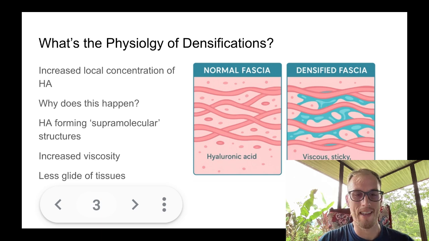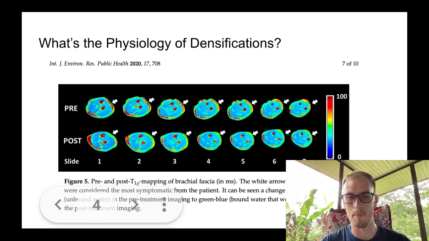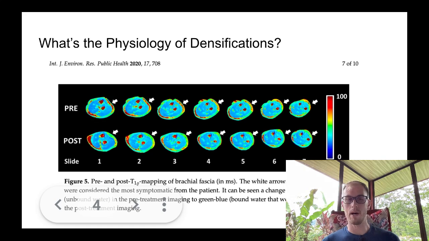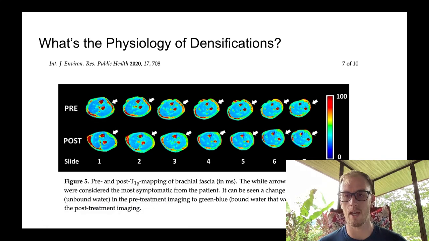And I'll show you why in just a moment. It's important because part of the physiology of our densifications is that whilst we see within the area of hyaluronic acid accumulation that there's less capacity for hyaluronan to bind with and interact with water, that water still stays there in the fascia.